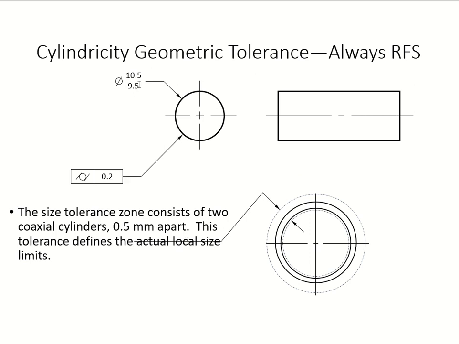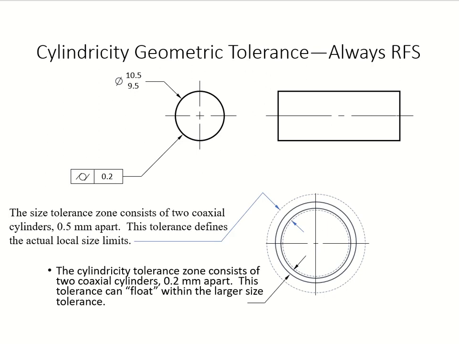Now we have a size limit of 9.5 to 10.5. You have seen this again and again, the same thing. Your tolerance is right here, and we're going to bring all four. So for a cylinder, meaning two coaxial cylinders, you have 1, 2, 3, 4, if you look at it from the circle point of view. So now your part has got to be within the 0.2, okay?